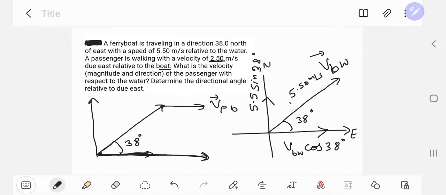If one vector is here this way, the second vector is here, then to close the triangle we will use the third vector in the opposite direction, right? So this is the triangle law of vector addition. So this will be the final answer which we are looking for, the passenger with respect to water.